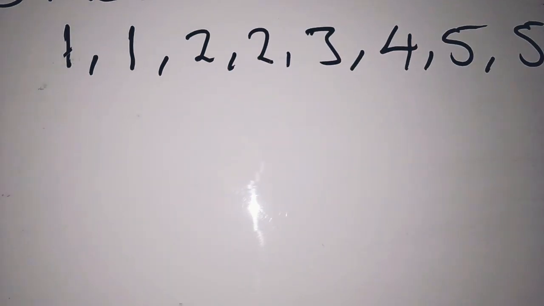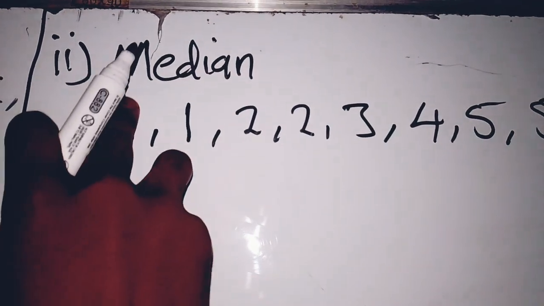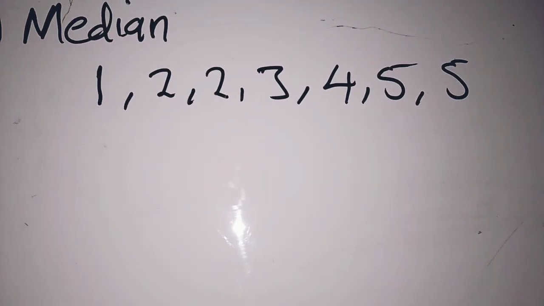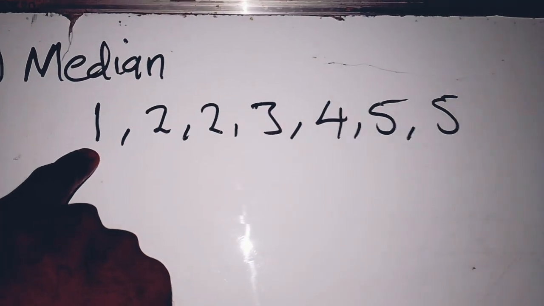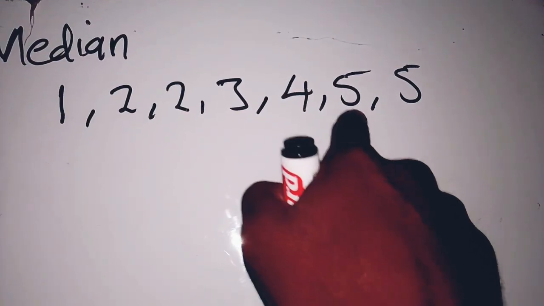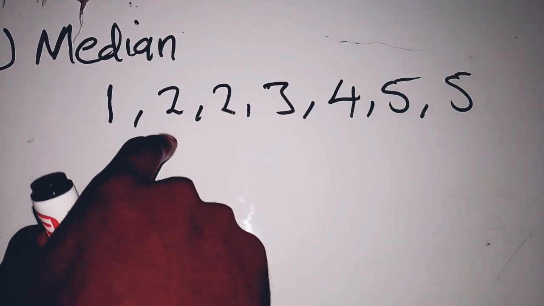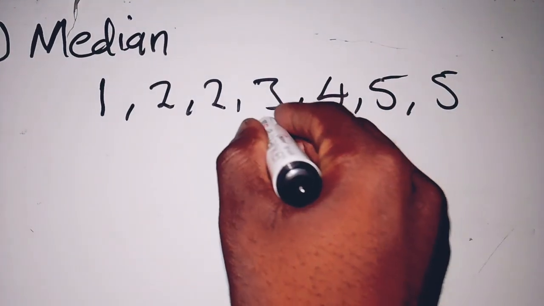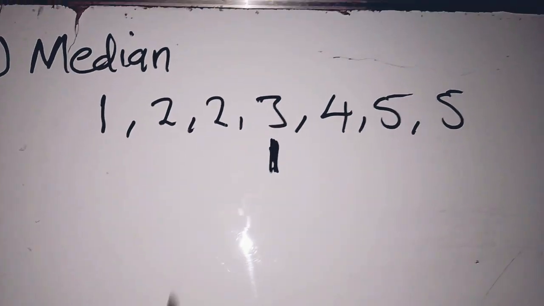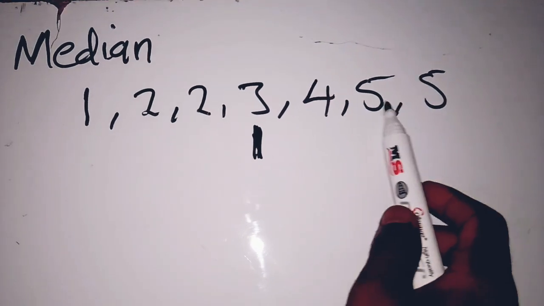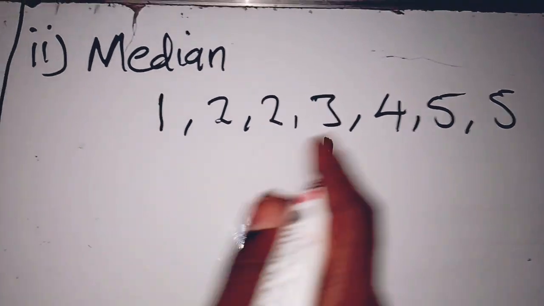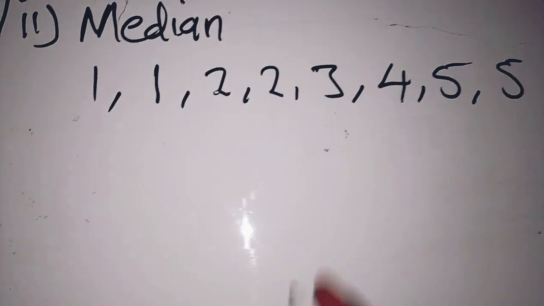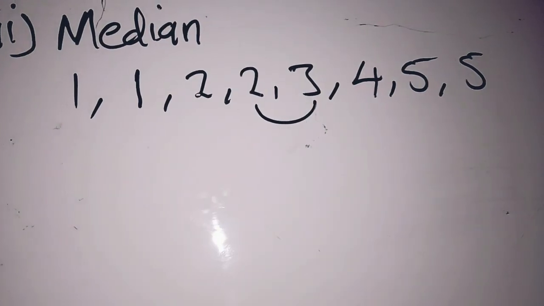If it was just one number, like 3, in the middle, because you have 1, 2, 3 this side and 1, 2, 3 this side, then you remain with 3. In our case, we have these 2.